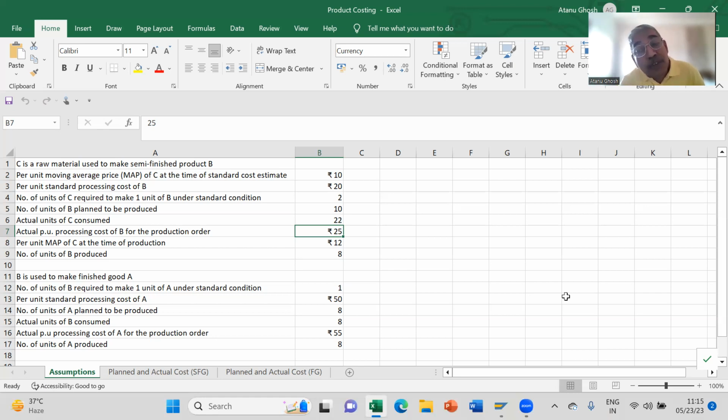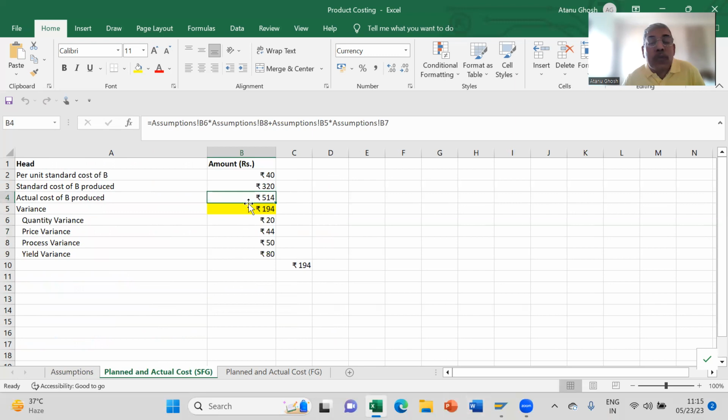So we still have consumed the processing cost of 10 units of B, but ended up rejecting 2 units of B as scrap. The processing cost will be 10 units of B multiplied by the actual processing cost. And if I do that calculation, I'll see the total actual cost is 514.